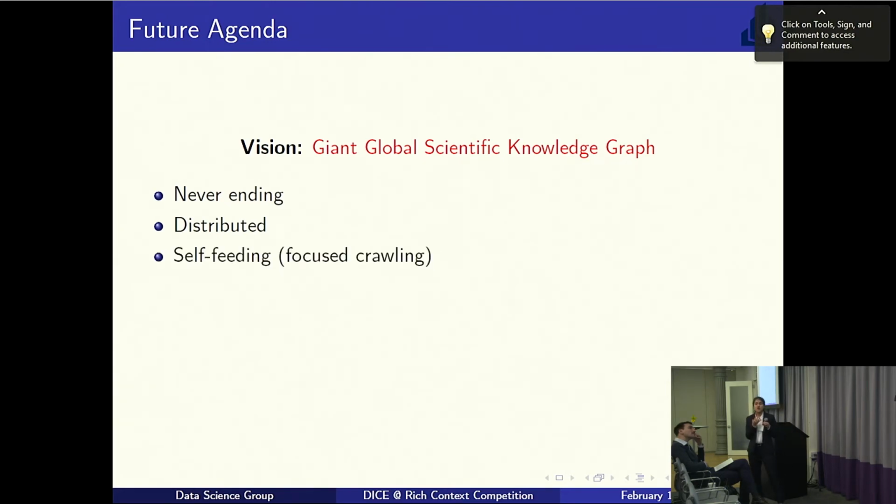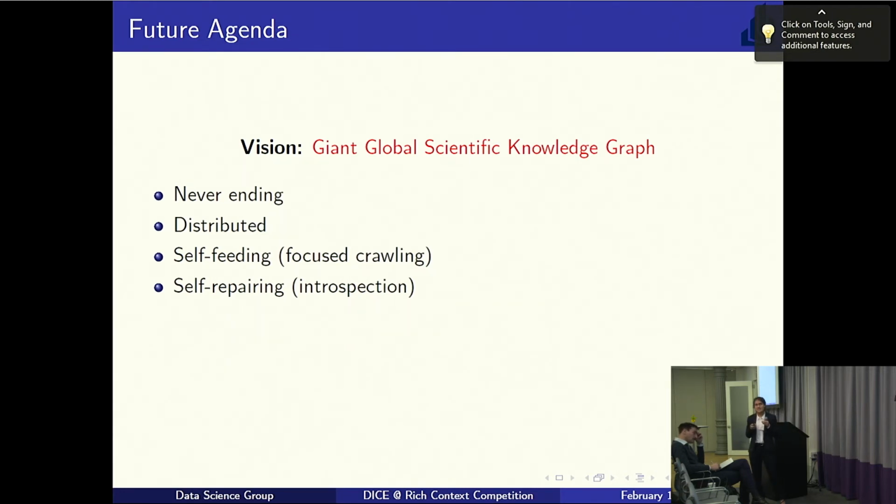Then the knowledge graph should be self-feeding, meaning it should be by itself able to extract all the desired information, fields, methods, data sets, all the geospatial information about the authors, all the metadata about the articles by itself. And having said that, it should also be self-repairing, because we know the trends in research change very, very often, and if the priors change, then we have to change the way the classification happens, right?